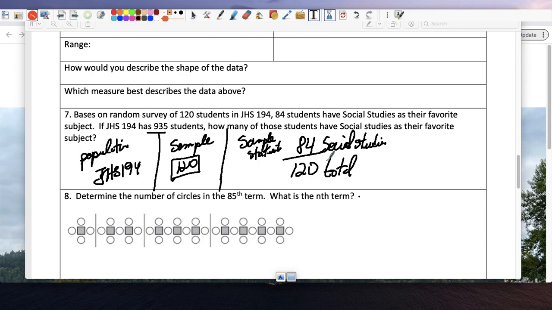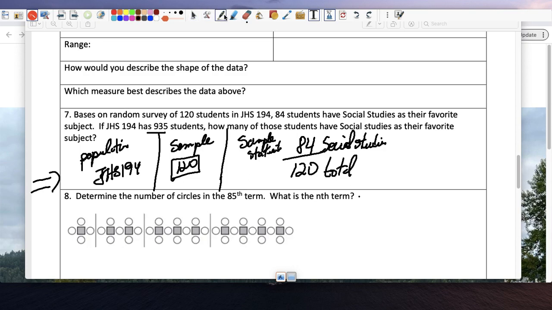So in my sample, 70% of the students said they like social studies as their favorite subject, which means that out of 935 students, 70% should also say social studies. It could be off, there's a margin of error, plus or minus, but that's another conversation.